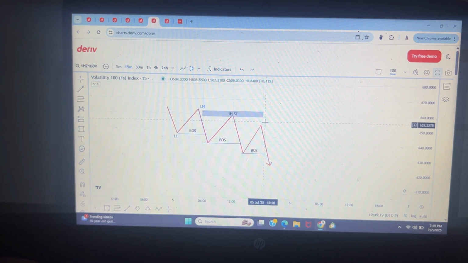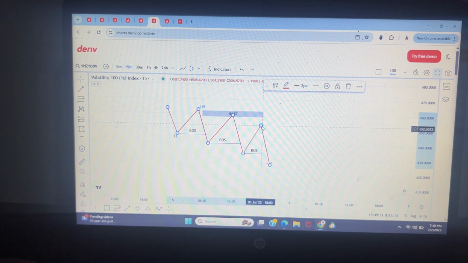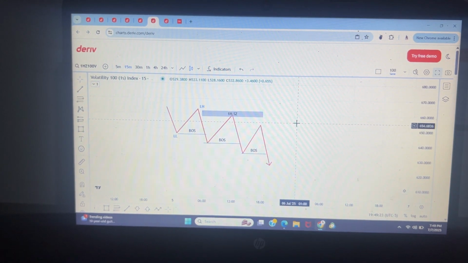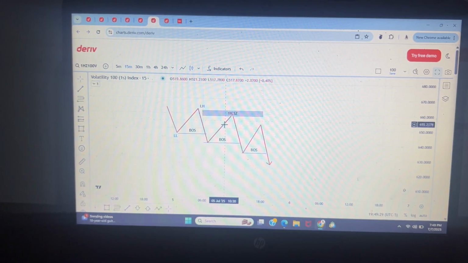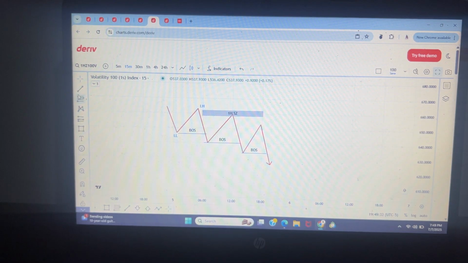When price retraces to that 1-hour supply zone, what we're looking for is sells. So we look for an entry right there. When price enters, you get on a 15-minute time frame, and price is just making this.